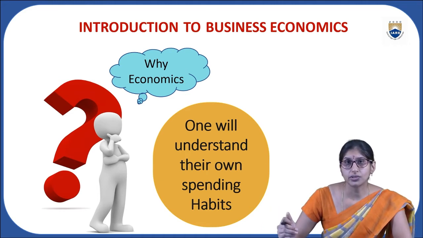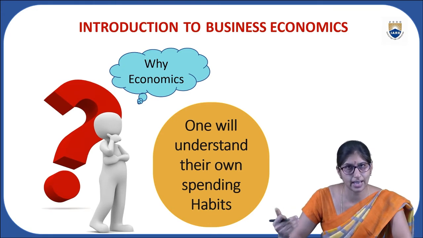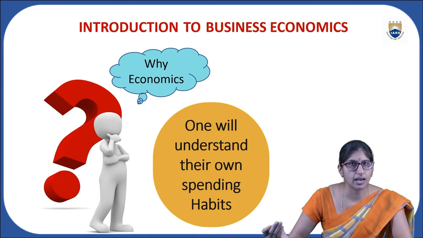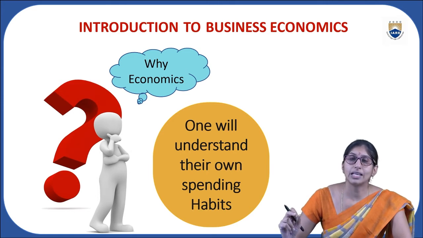So I'm going to earn money to satisfy my want. Once I satisfy my basic want, buying a car, am I really satisfied? No, I'm not going to be satisfied with just buying a car.